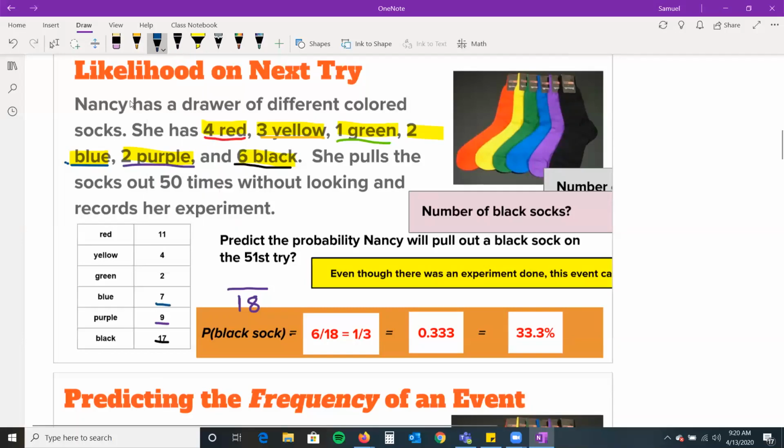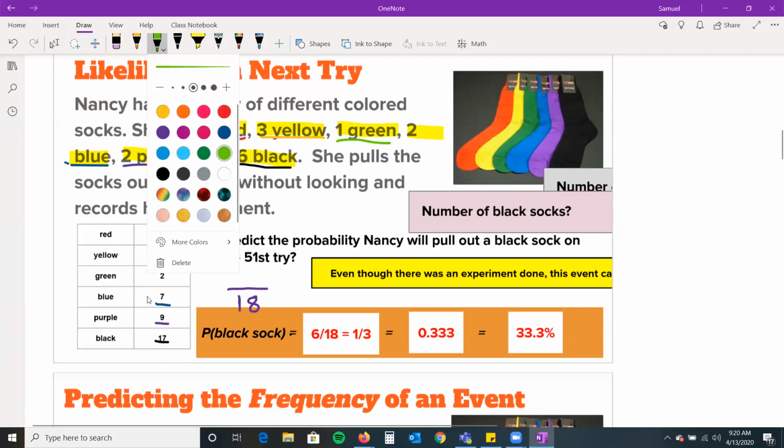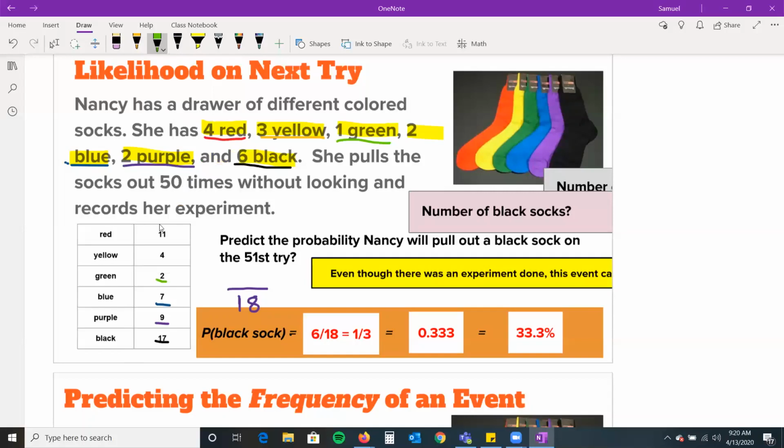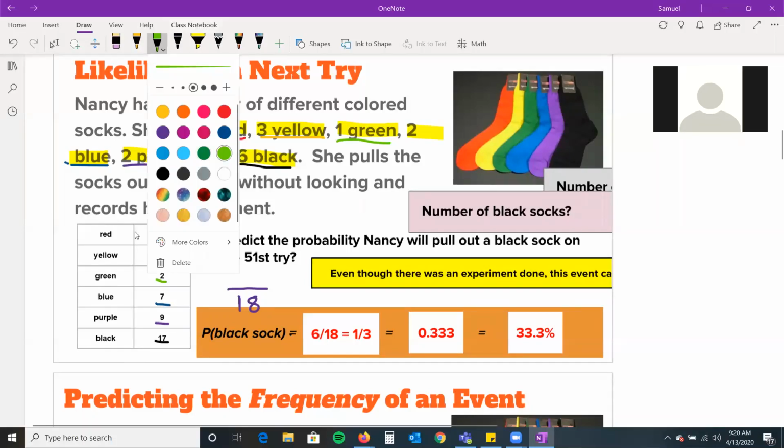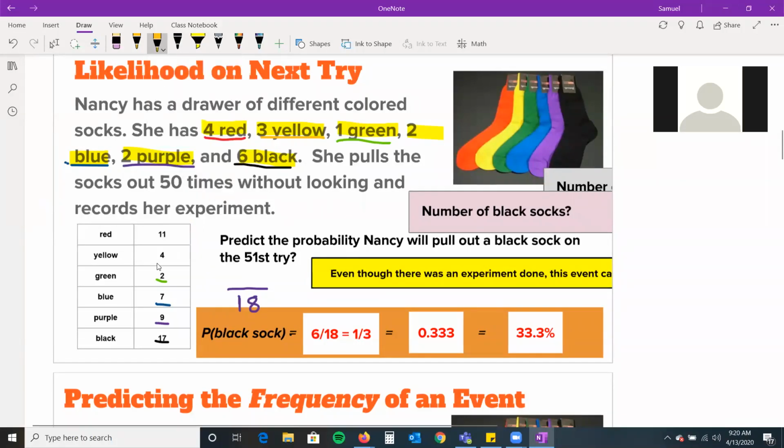There's 2 times where there was a green sock. 4 times for yellow, right? And 11 for red. And I'm just color coding these so it makes it nice and clear for you guys. Okay? So that was the results of her 50 draws. So the question asks us, predict the probability Nancy will pull a black sock on the 51st try.